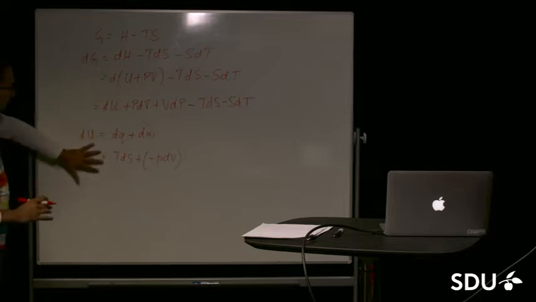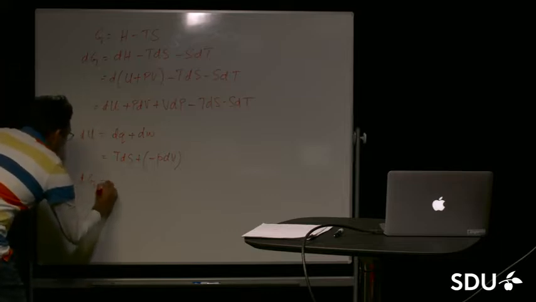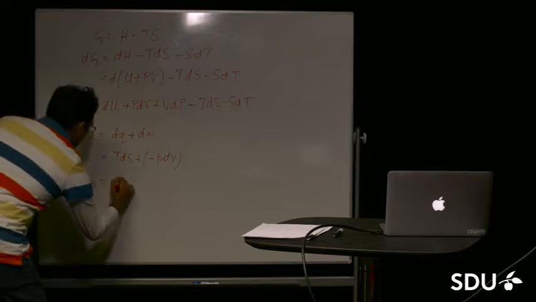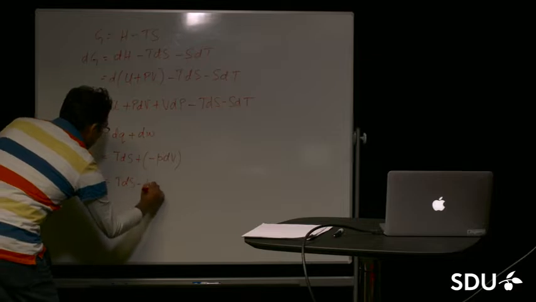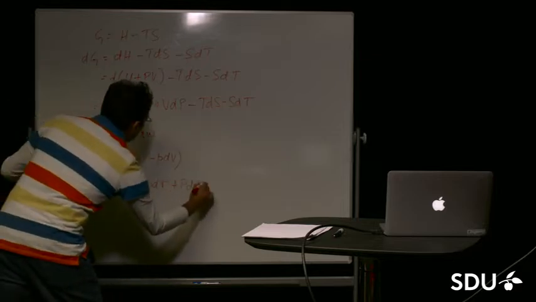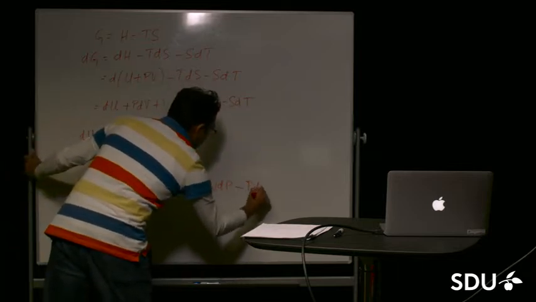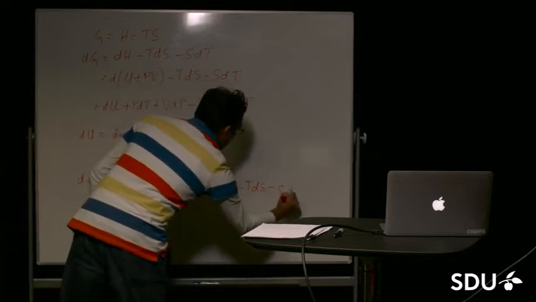Now, if I substitute this equation here, I get TdS minus PdV plus PdV plus VdP plus TdS minus temperature times change in entropy minus entropy times change in temperature.